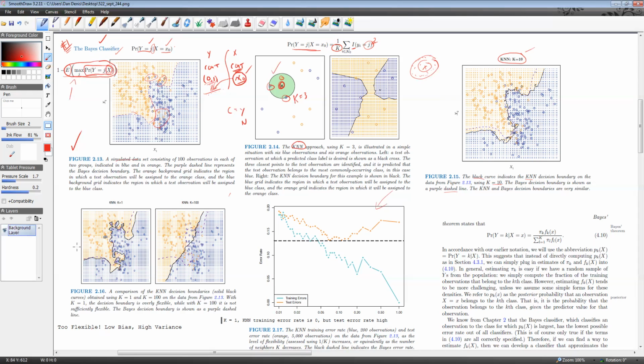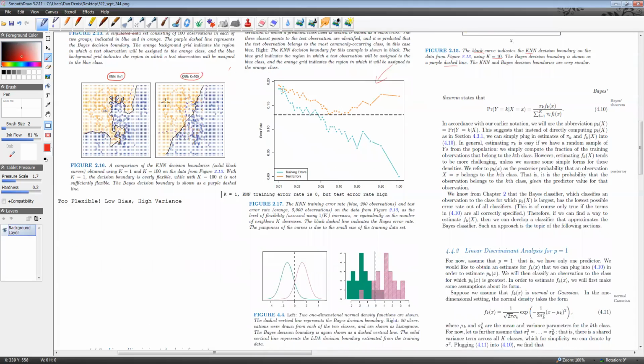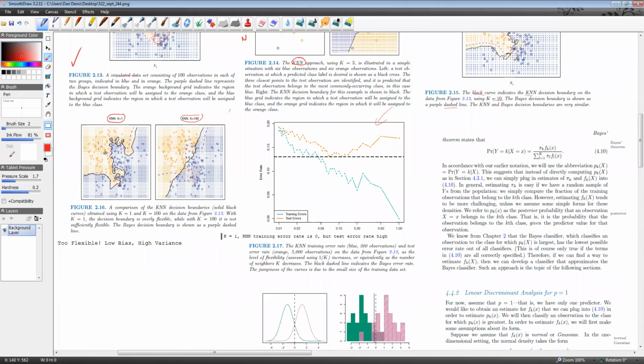Now if we look over here, let's look at adjusting k equals 1 versus k equals 100. So just look at that k equals 1 case. If you set it at k equals 1, as I've noted down here, pertaining to this diagram, that's going to be too flexible, too much flexibility.